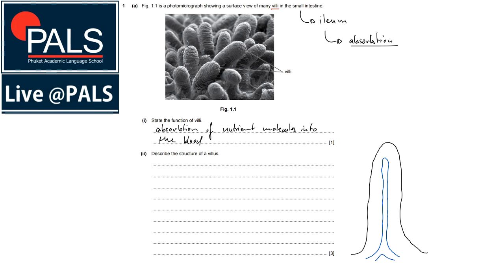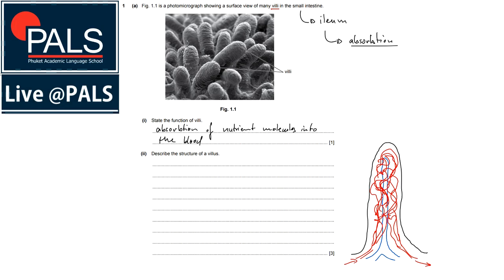Blood comes in here through a venule, and then splits up into a rich network of capillaries, good blood supply one more time, and eventually these capillaries will join back together into a venule. So blood out, blood in.